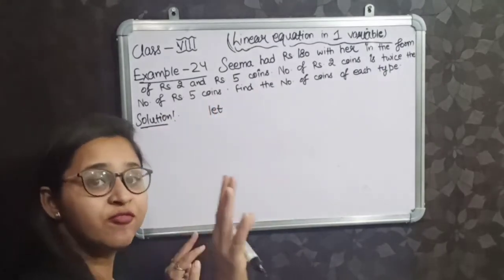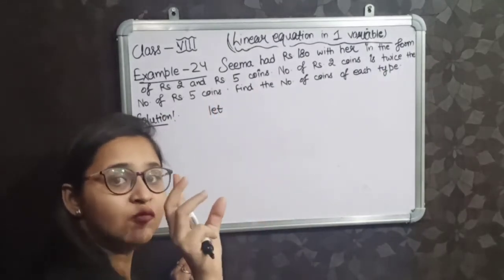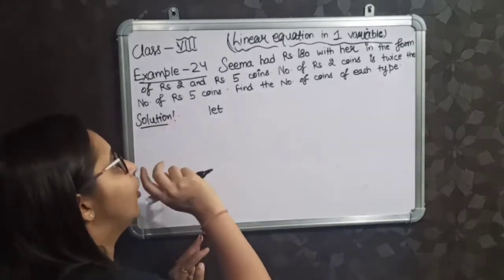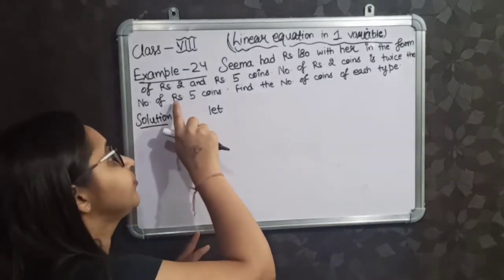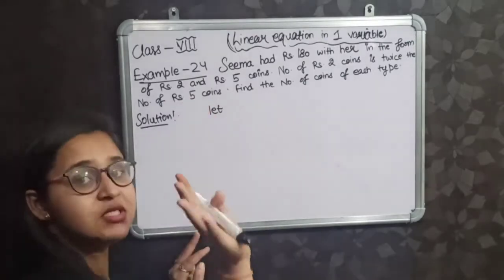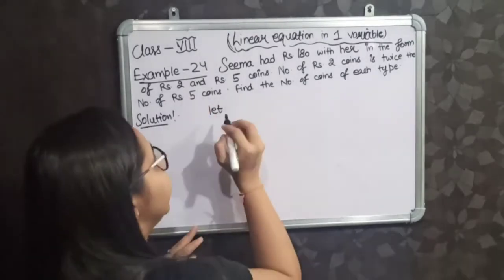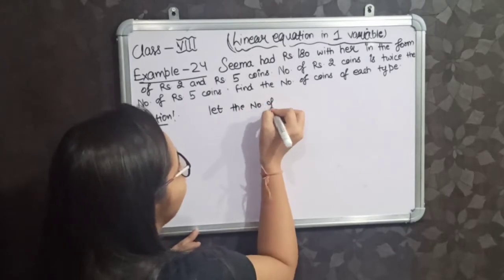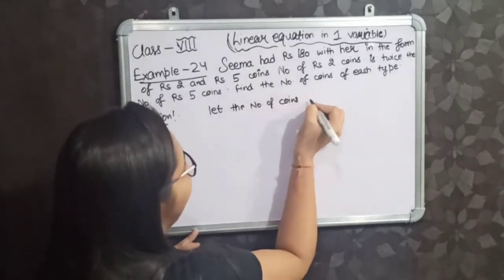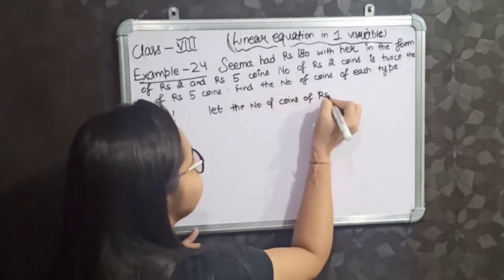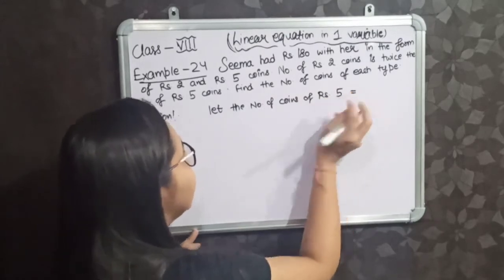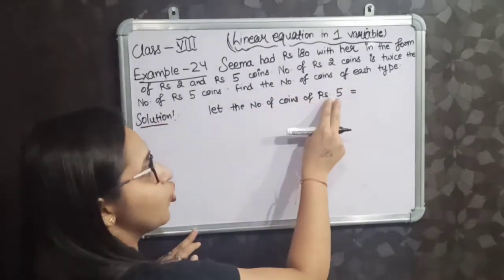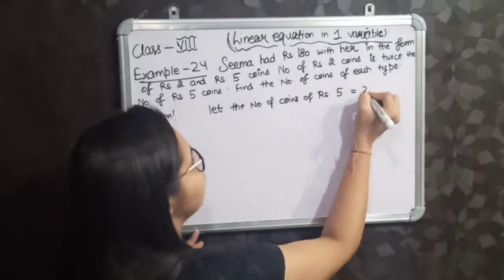It means first I have to take the number of rupees 5 coins. So, let the number of coins of rupees 5 be equal to X.